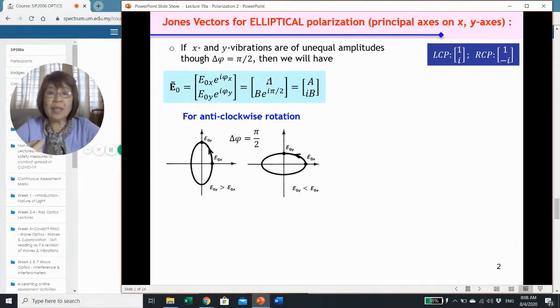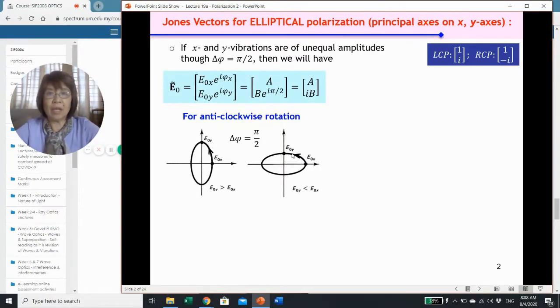If they have unequal amplitudes, we use the symbols A and B to define them, with an added phase for the y component. So this becomes A, iB, since exponential i pi over 2 gives you i.